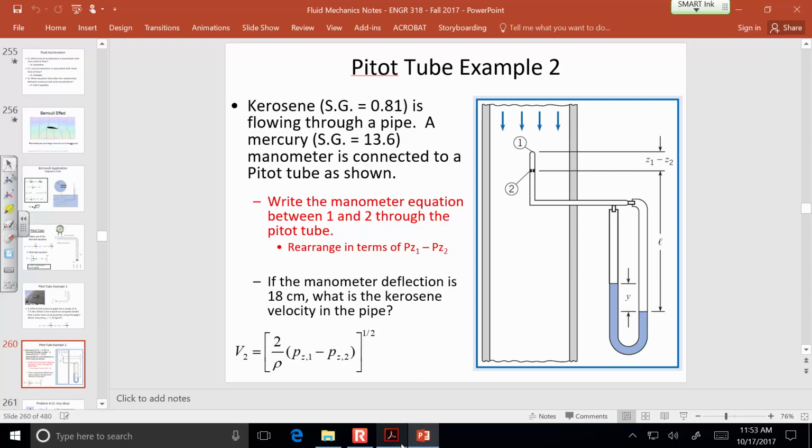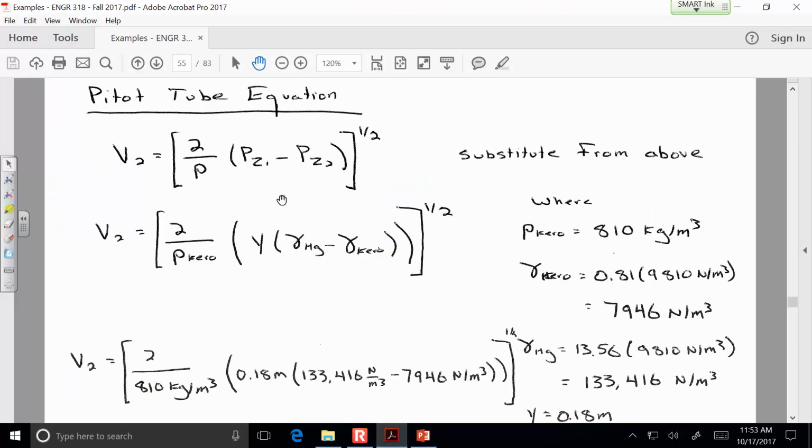And so here, when we had Bernoulli's equation rearranged with the assumption that the velocity at 1 is 0, that's the Pitot tube equation, and we'll just drop in the deflection of 18 centimeters, the difference in the unit weights, and the density of the kerosene.